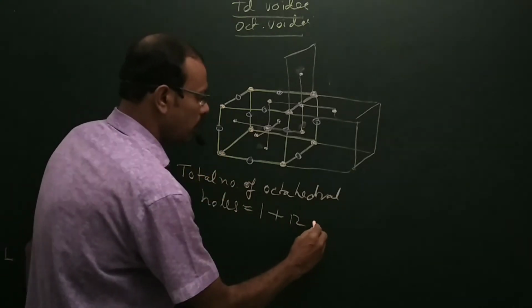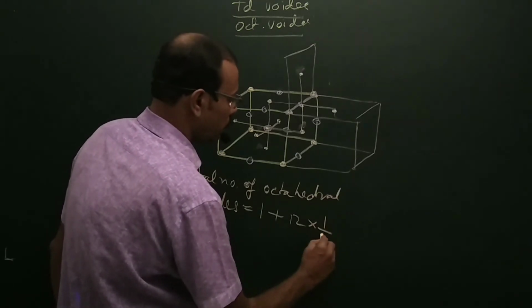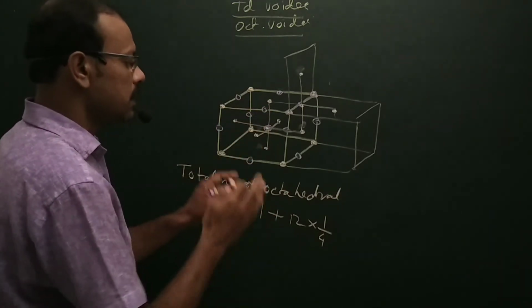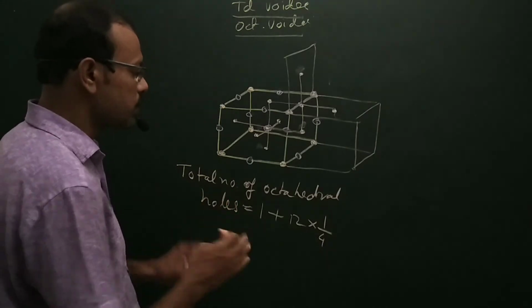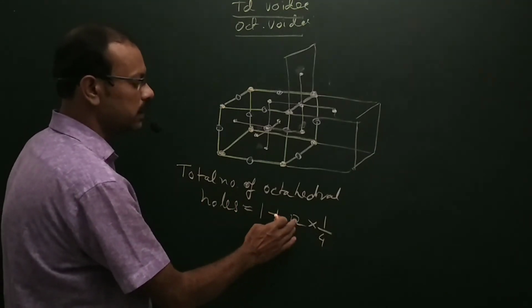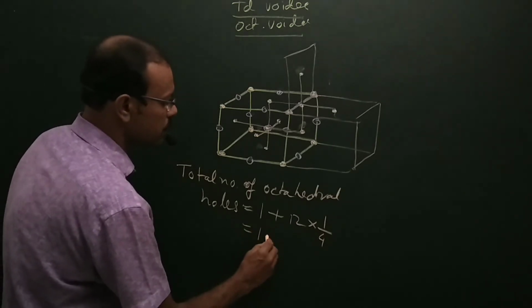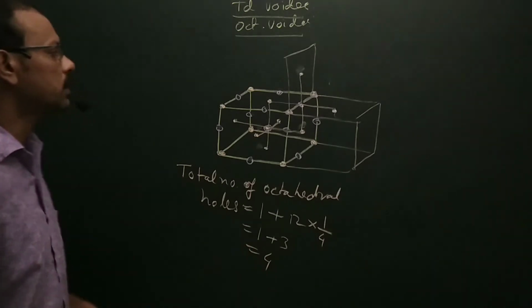So 12 into 1/4. Each unit cell has a share of 1/4 of the void. So the contribution is 12 into 1/4. So the total number of octahedral voids equals 1 plus 3 equals 4. This is the total number of octahedral voids.